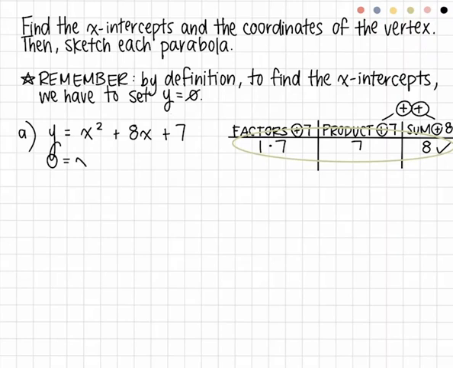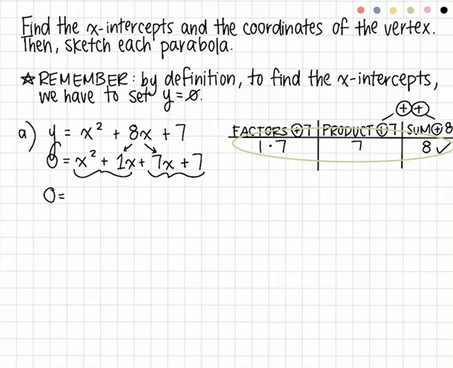So let's go ahead and break apart that middle term. We're just going to write 1x for now, just for visual sake, plus 7x plus 7. 0 equals... I can skip a line here so I can draw. Let's look at my first two terms and my last two terms.